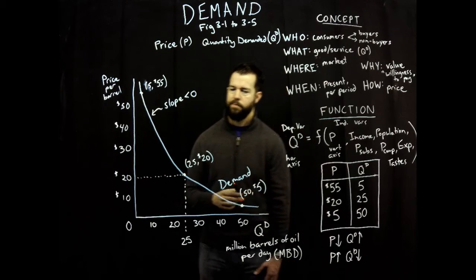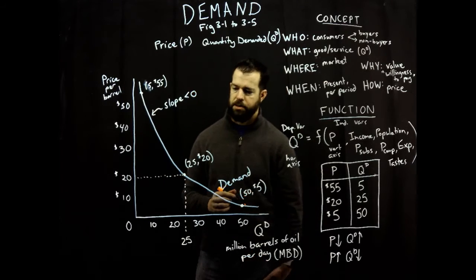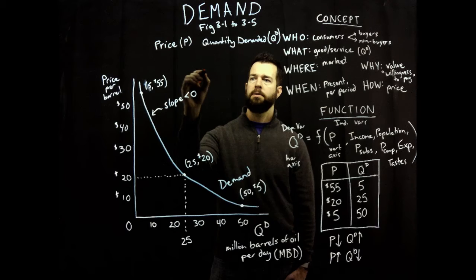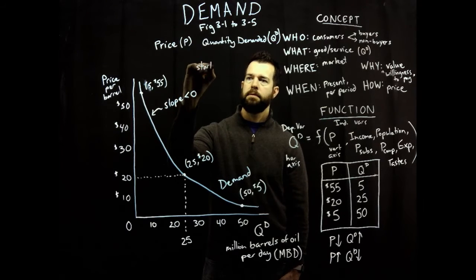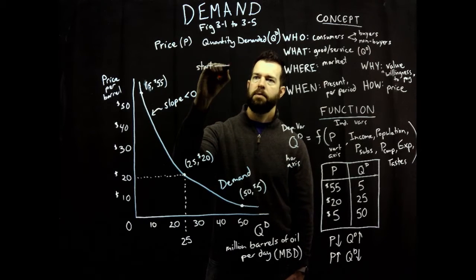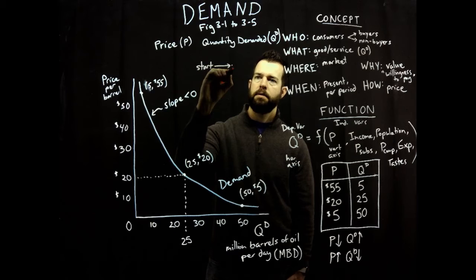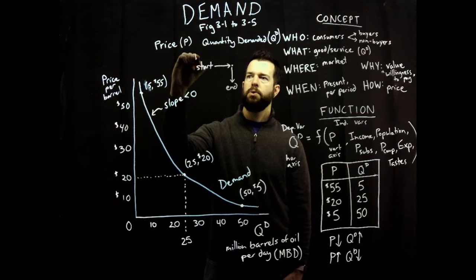Okay. All right, so just in review, if we think of the start being here, we go to the point, and then we drop down. That is our horizontal reading.